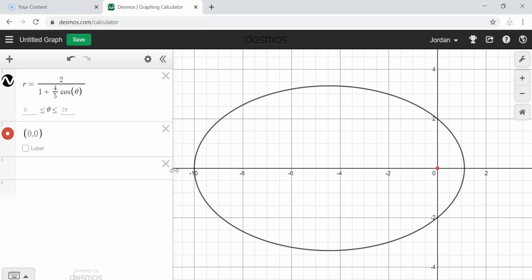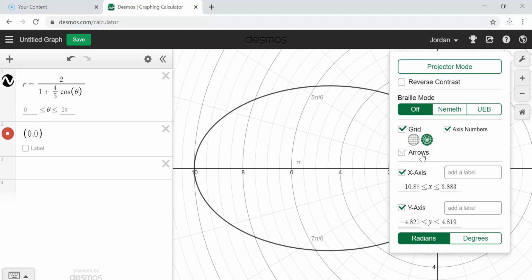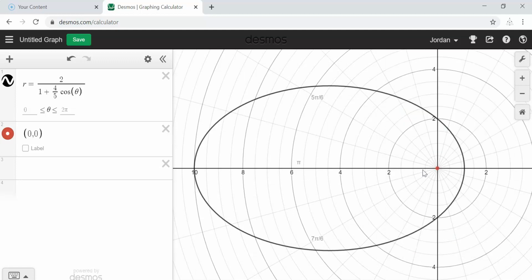Now, I'm going to try to draw on this, but it's going to be a little bit easier to see if I draw this on a polar axis grid. So we found out how areas look in polar form. So what is an area?